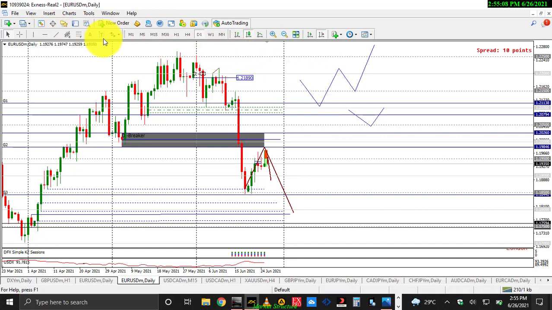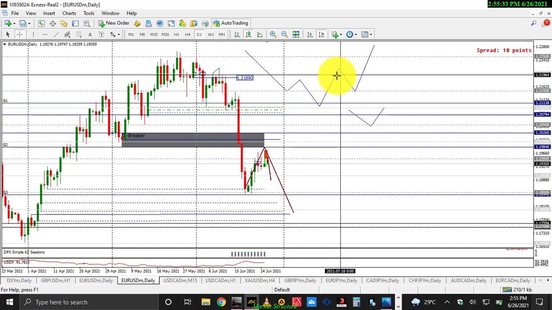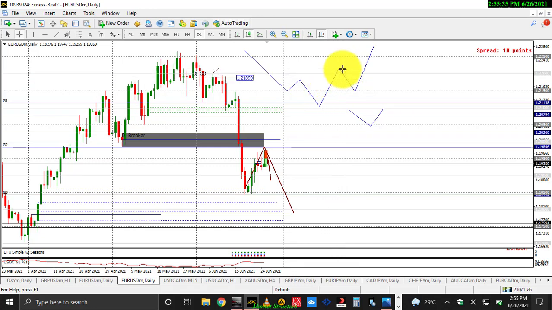So if we were bearish, price was making lower lows and then lower highs, and we have a significant high which was broken up here, around this area, and we have a retracement to about 50% of that range.